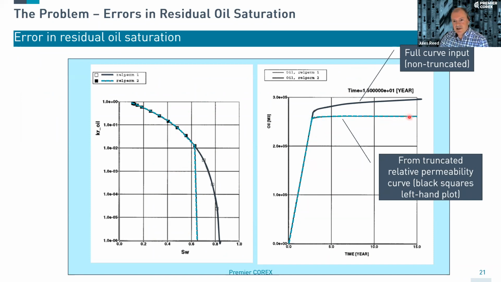It's about 2.6 times 10 to the 5 cubic meters, whilst the additional production from this non-truncated is an additional probably 0.3 times 10 to the 5 cubic meters. So there's about 10 to 12% error by a truncated system. So it can have an impact on our simulated reservoir production.